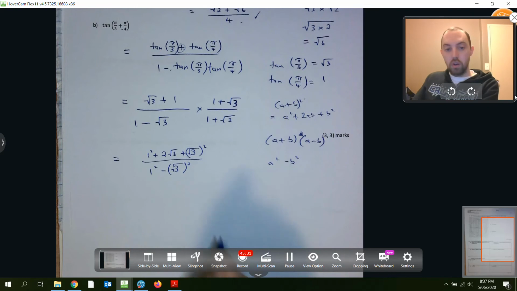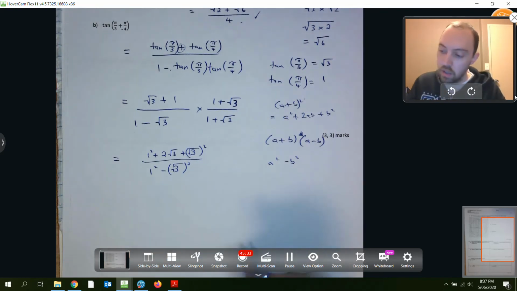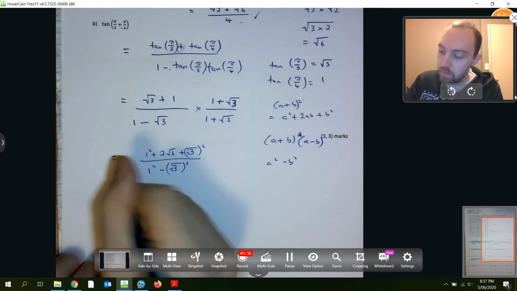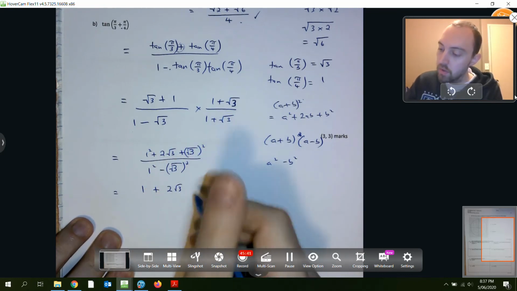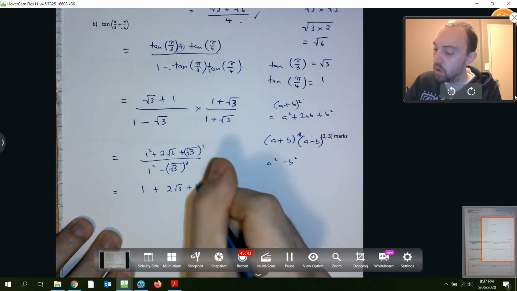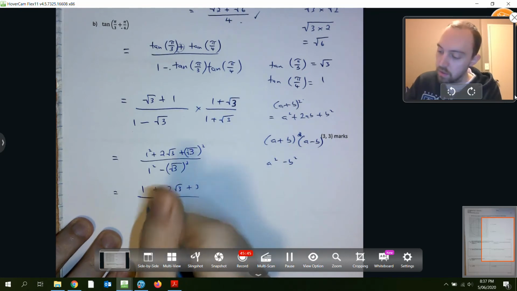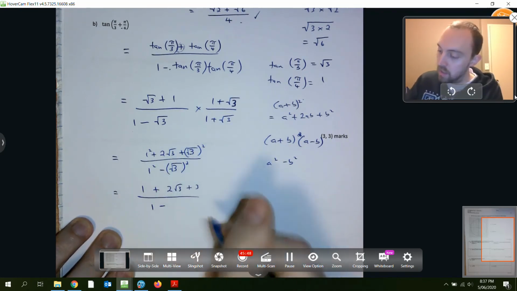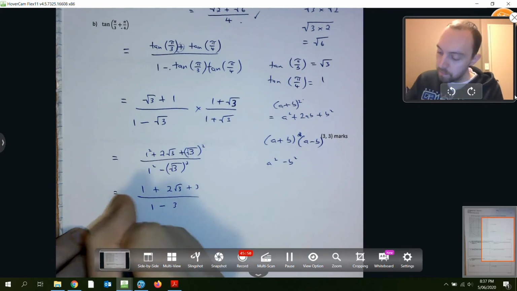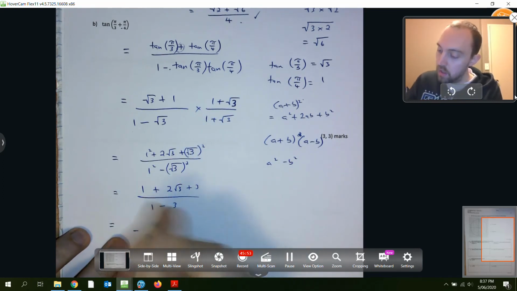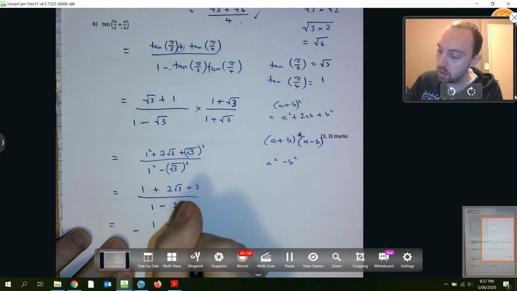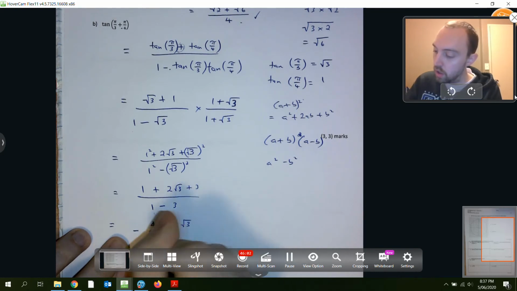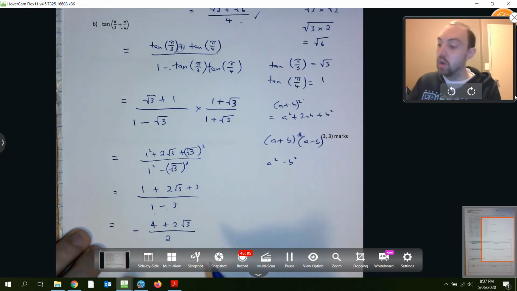When you square a square root, then you get rid of the square root. 1 plus 2 root 3 plus 3. So do it in separate steps to make sure we're not missing anything. So we've got negative, because 1 take 3 is negative 2. 1 plus 3 makes 4 plus 2 root 3 on 2.